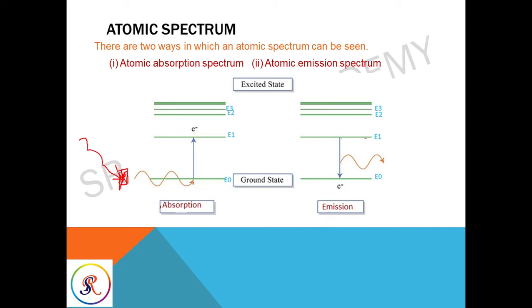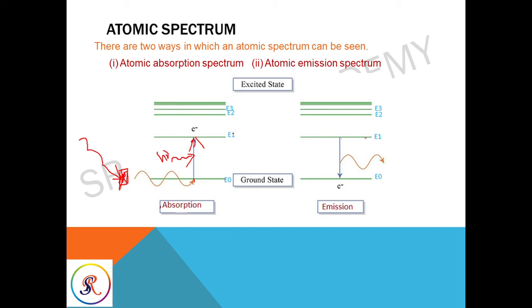When an electron jumps from a lower level to a higher level, we call it an absorption spectrum. When it jumps, it produces radiation, which we can say is h nu, or photons.